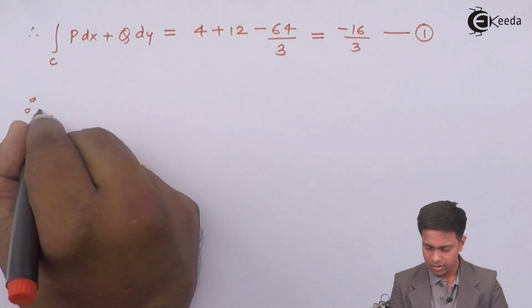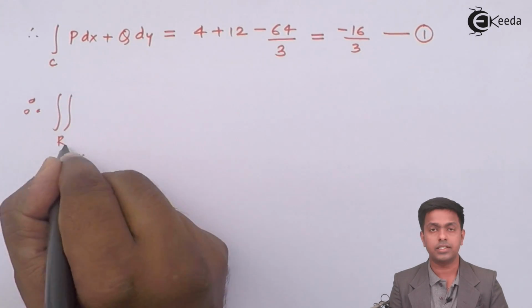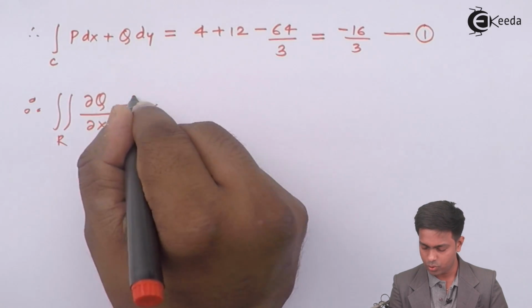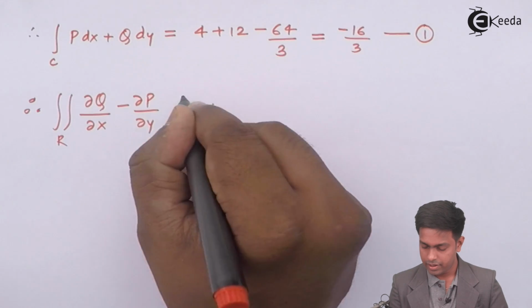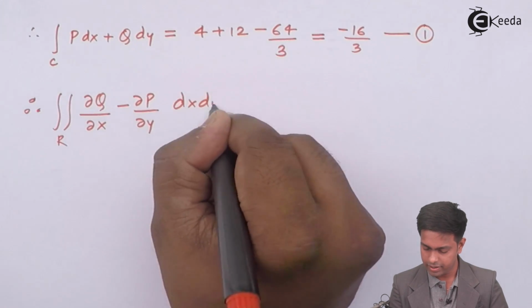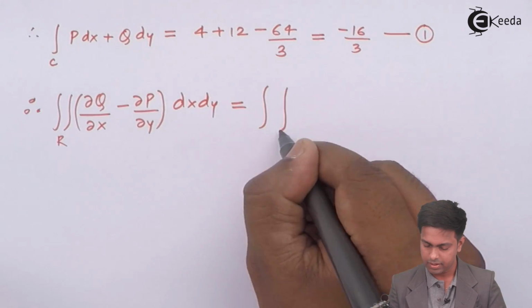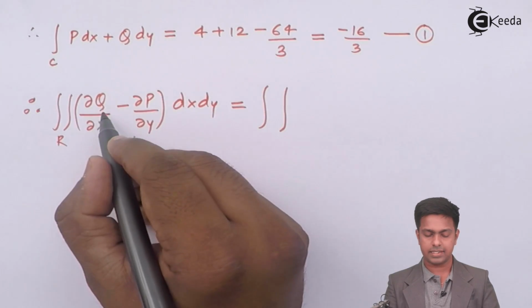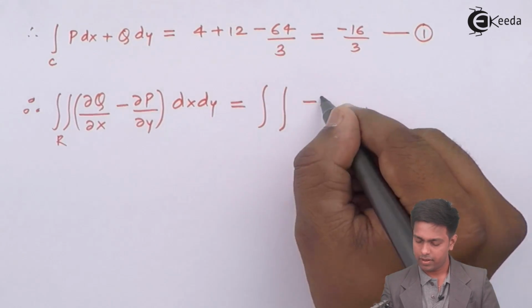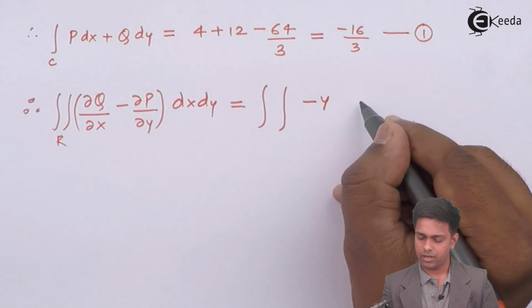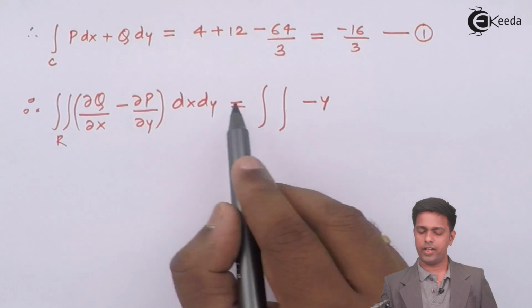Therefore double integral over the given region R, dou q by dou x minus dou p by dou y into dx dy equal to, so double integral, value of dou q by dou x is negative y, and value of dou p by dou y is 0, so I'll not put that value. And here, now guys, here we have dx dy.